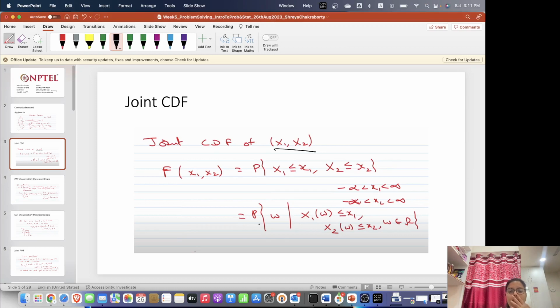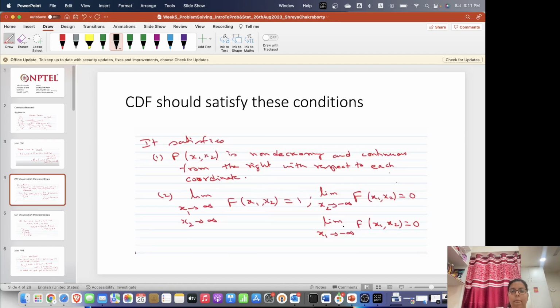That is, the probability that an omega belonging to the sample space is such that X1 of omega is less than or equal to x1 and X2 of omega is less than or equal to x2. And also we learnt about a few conditions that a multivariate or bivariate CDF should satisfy.